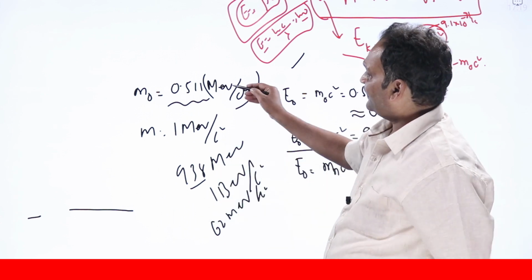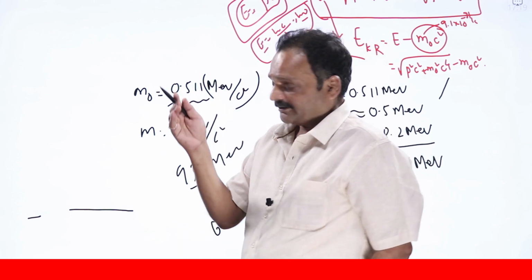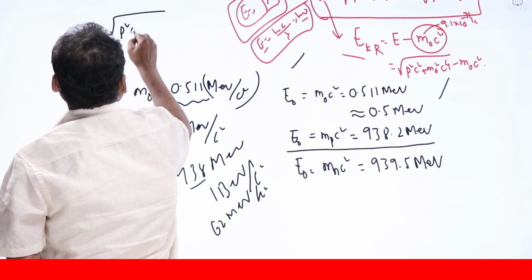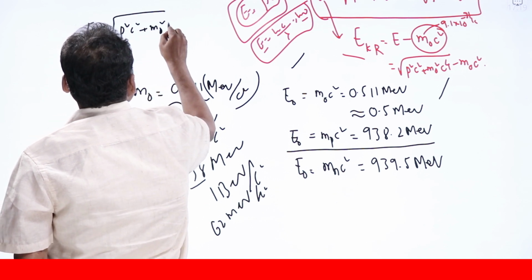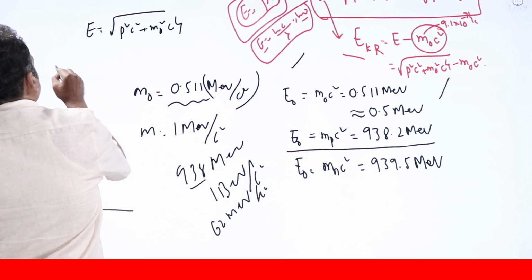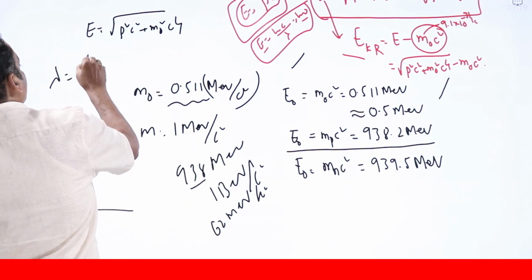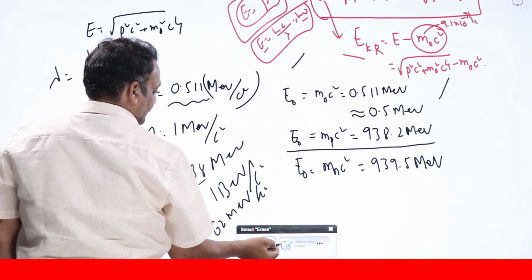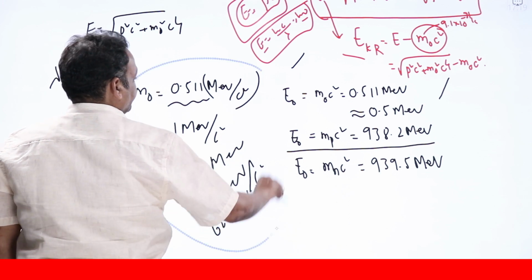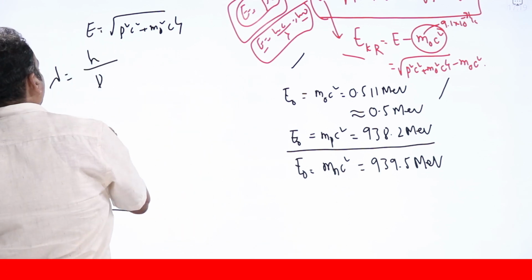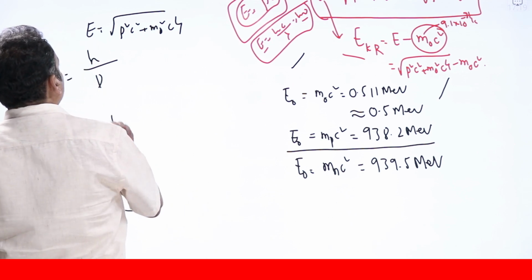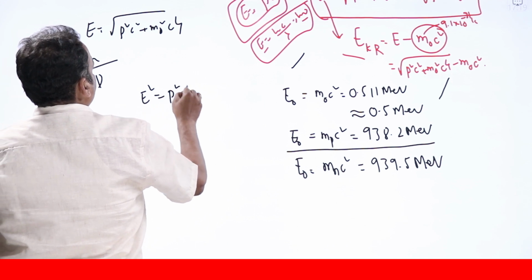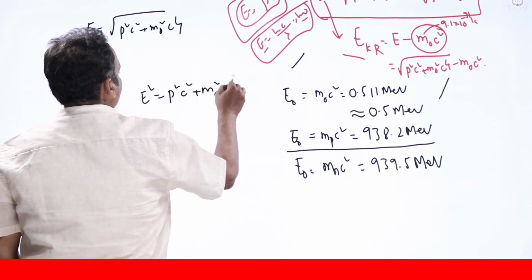This is how we got that expression. I'll also substitute from E equal to under root p square c square plus m naught square c to the power 4. What is the de Broglie wavelength of a relativistic particle? It is h by p, so I'll take out p from this expression. E square equals p square c square plus m naught square c to the power 4.